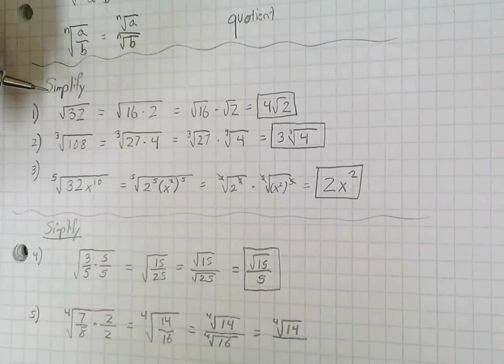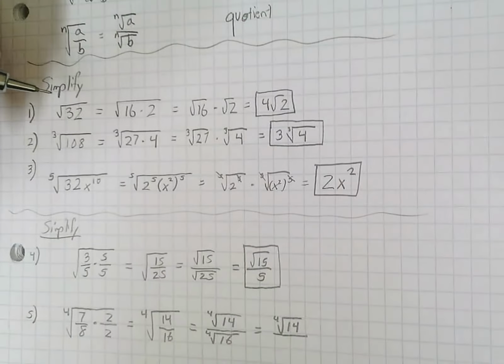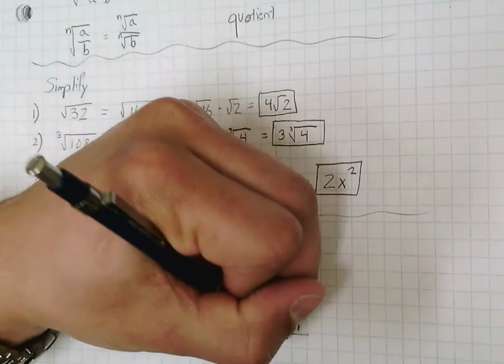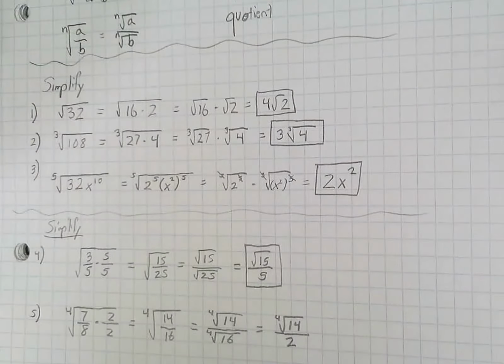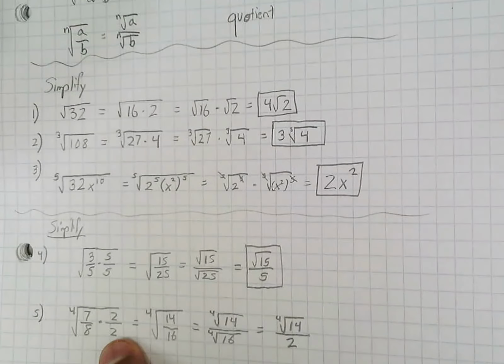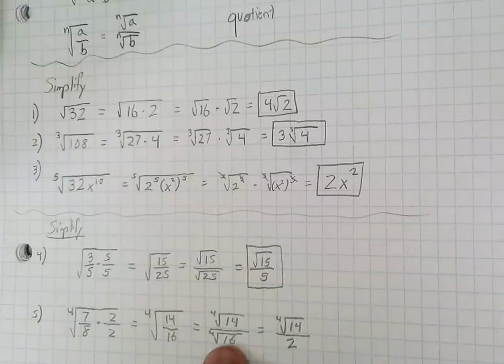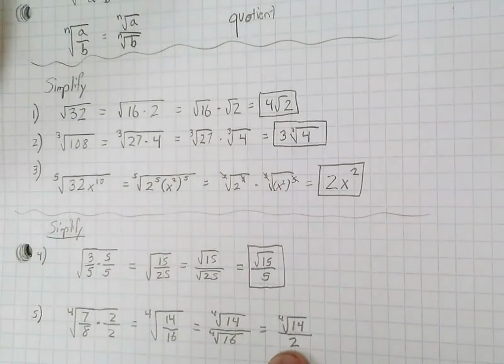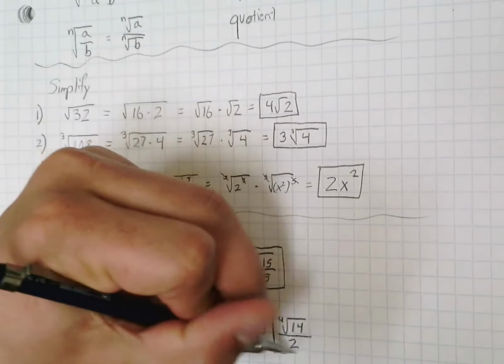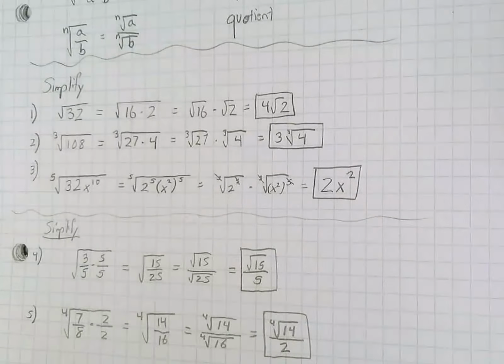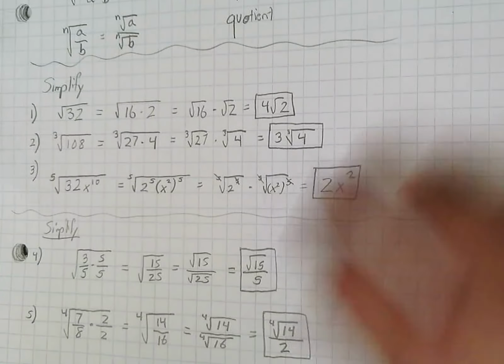What number to the 4th power is 16? 2. 2 to the 4th power is 16. So by multiplying by 2 over 2 initially, that created a perfect 4th in the denominator. So I could take the 4th root of 16 to get 2. There we've rationalized this particular fraction.